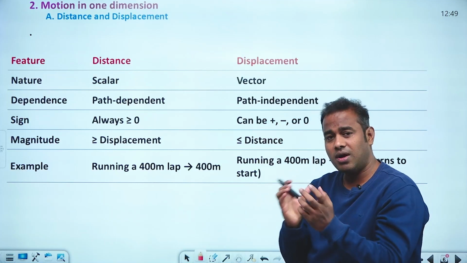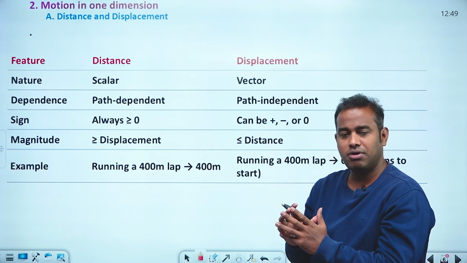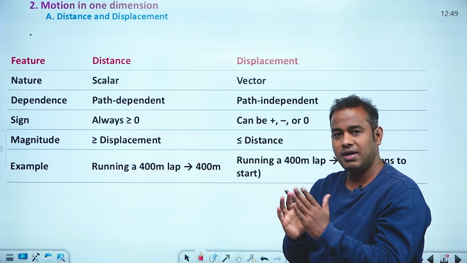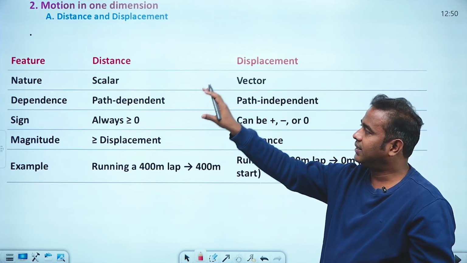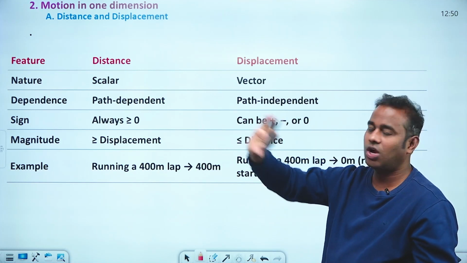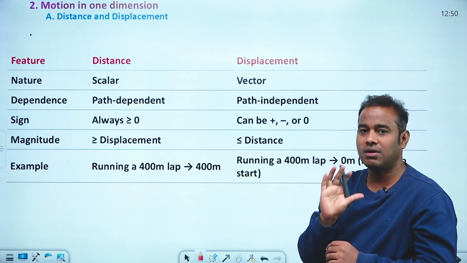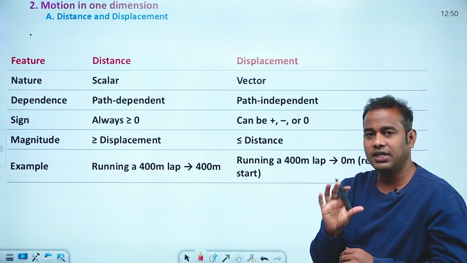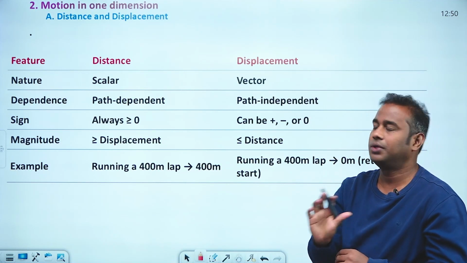Because of this small variation, it's better to understand the distance and displacement in a differentiated manner. What is the difference between this and that? The distance by nature is a scalar quantity. Distance does not have any direction, so it cannot carry a vector quantity, whereas the displacement is a vector quantity, so it includes both scalar and vector.